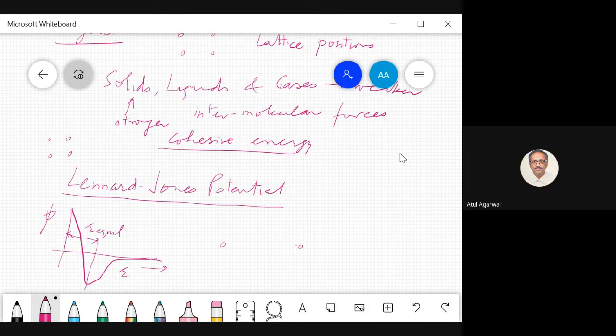This is the attractive part of the potential. At the equilibrium distance, the potential energy is minimum. If you want to take them closer, you have to apply force to bring them closer, and this is known as the repulsive part of the potential.